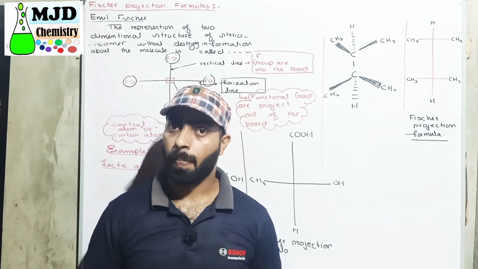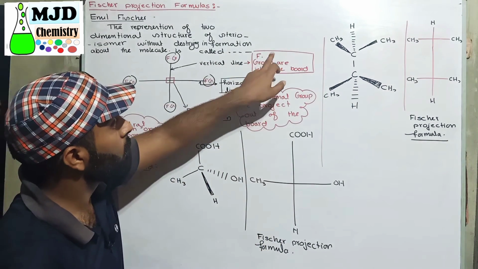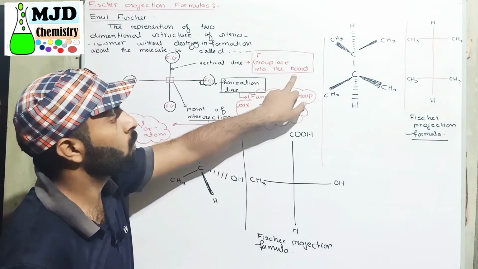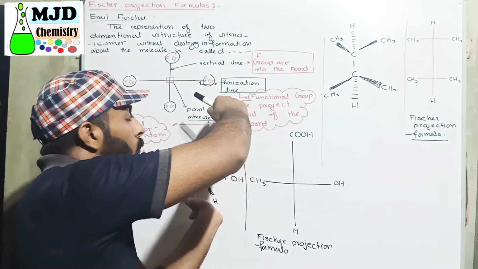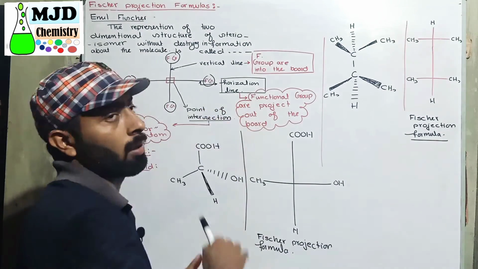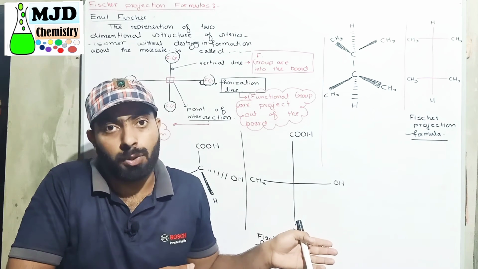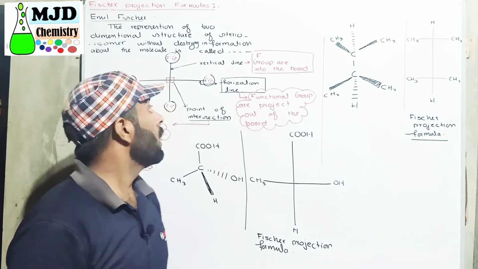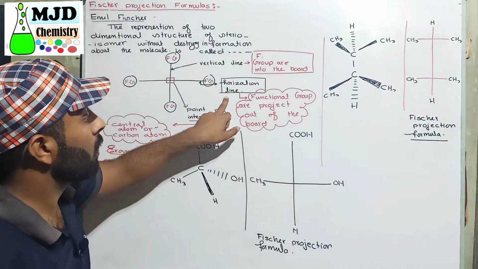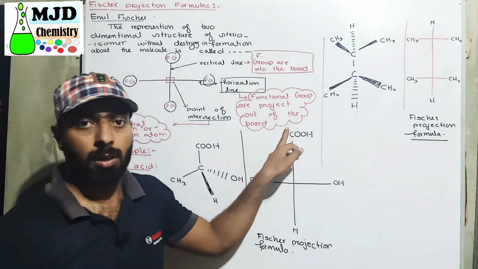The vertical line represents the functional groups that are going into the board. It means the functional groups are projected into the whiteboard, into the page, moving away from you. And the horizontal line represents the functional groups that are projected out of the board.